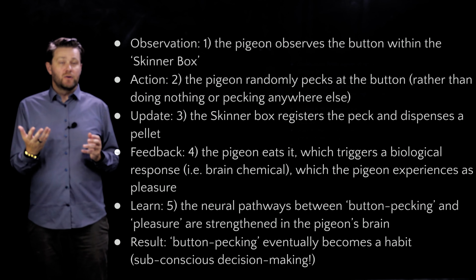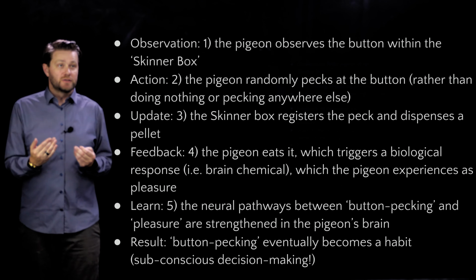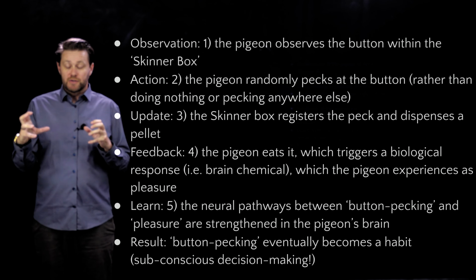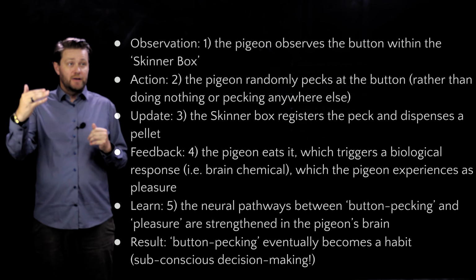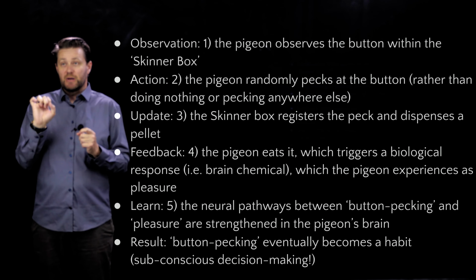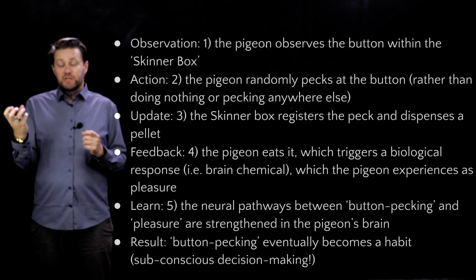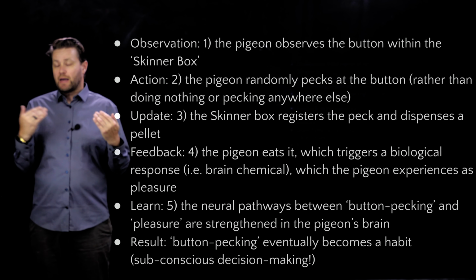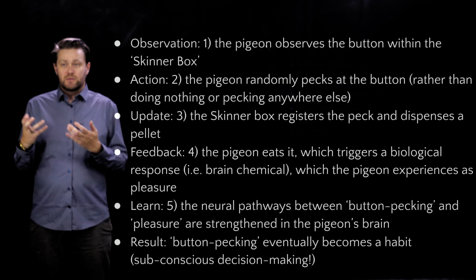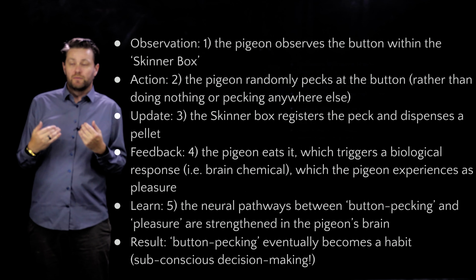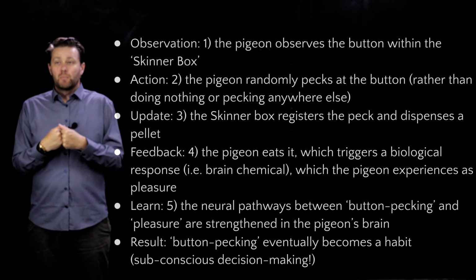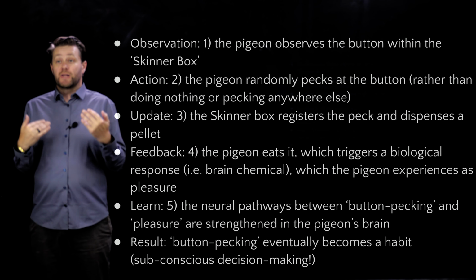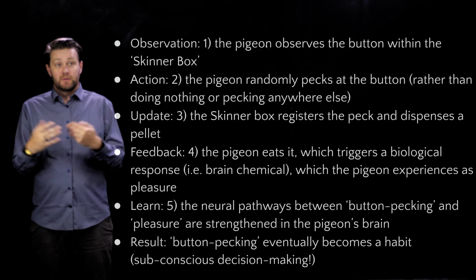So let's imagine those are the 3 possibilities. Now let's imagine a case where the pigeon does randomly just peck the button. So there's an update to the environment. The Skinner box registers that peck and dispenses a pellet. The pigeon eats it. Whatever happens in pigeon brains, whatever chemicals are involved, I'm not sure, but subjectively, the pigeon experienced some kind of pleasure from eating this pellet.